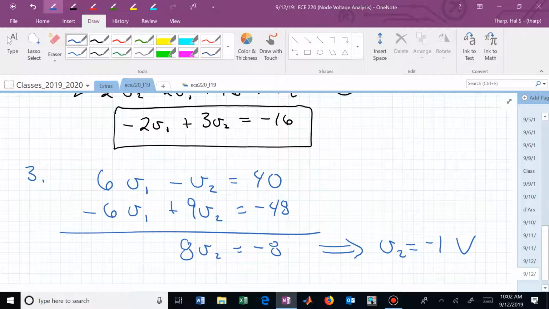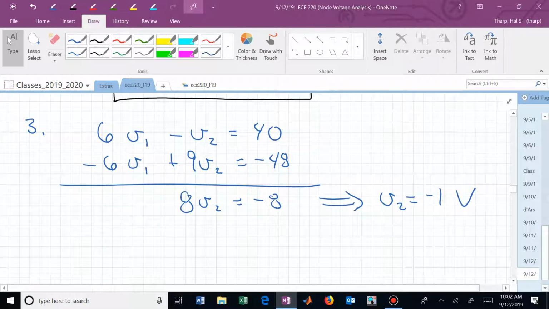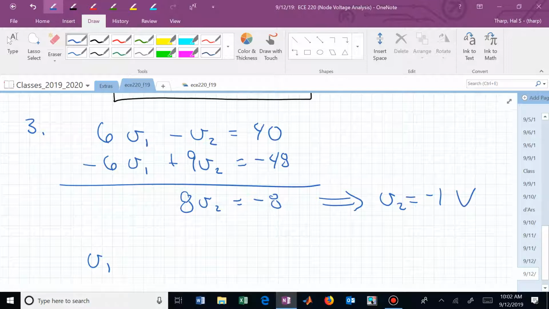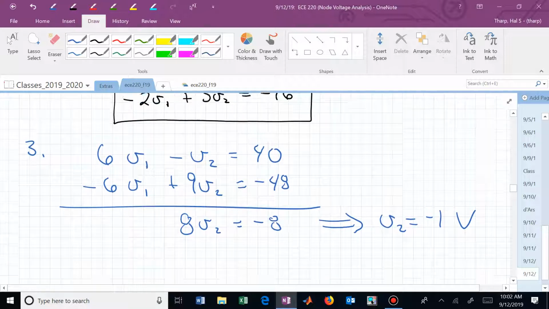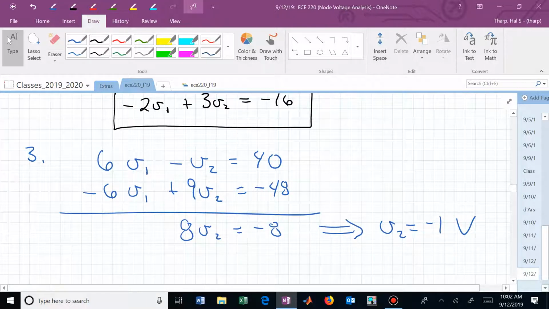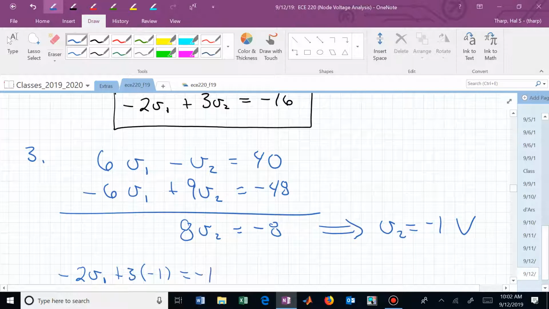What's V1? We can just use one of those equations to solve for V1. And which one do I want to use? Doesn't really matter. Let me just use this one that's right there so that it's clear. It's now minus 2V1 plus 3 times V sub 2, which is minus 1, is equal to minus 16.